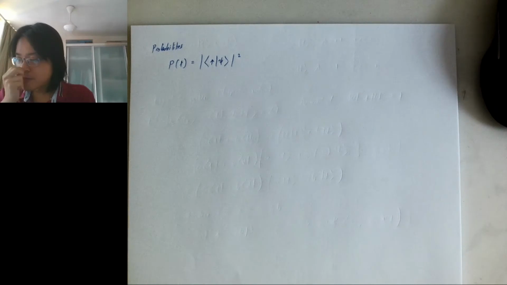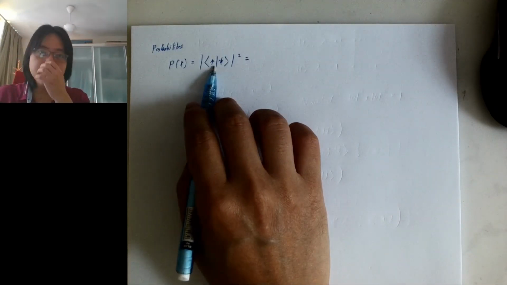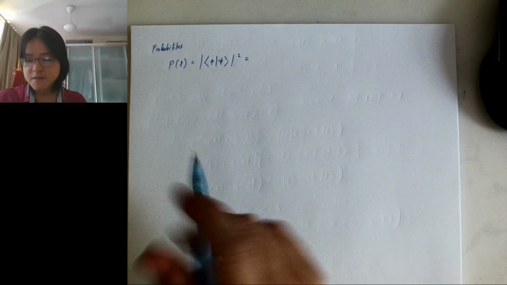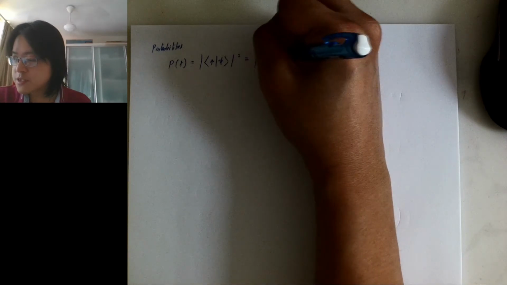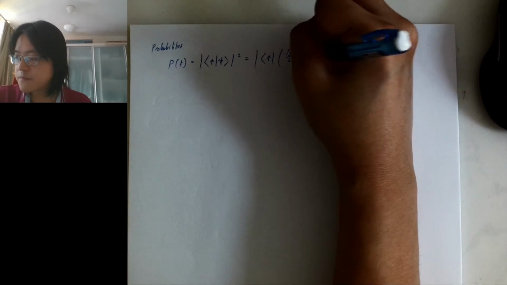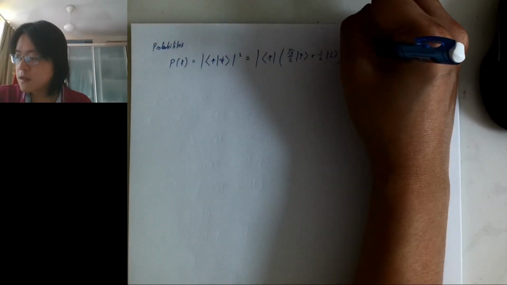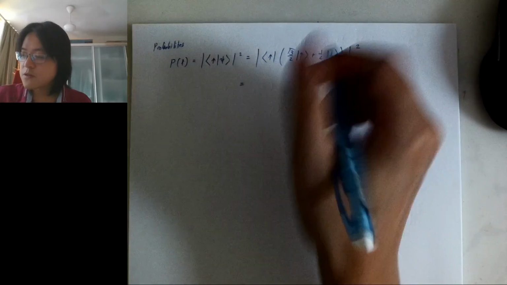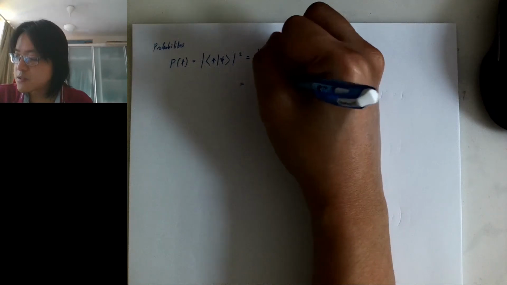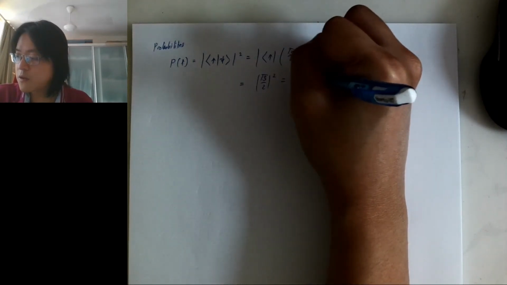If you remember, it will give me the components corresponding to the up coefficient. Or if you do the longer calculation: root 3 over 2 up plus half down, modulus square. It will just pick out the coefficient for this. So it's just root 3 over 2 modulus square. So you got 3 over 4.